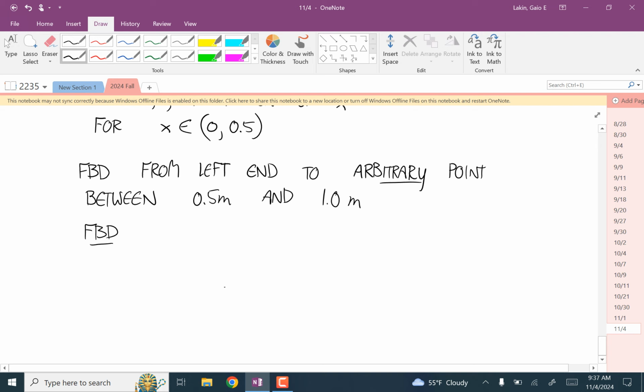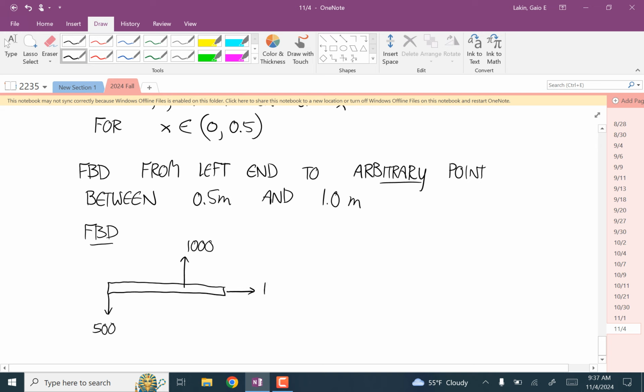So this time the free body diagram looks like this. We have the 500, because we're always going all the way from the left end. We have the upward force of 1,000. We haven't gotten to the other 500.